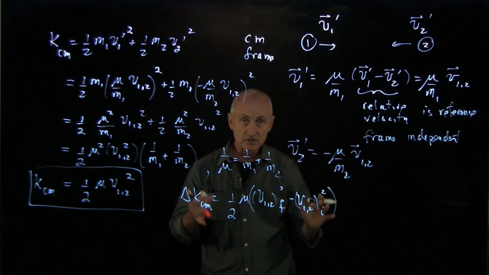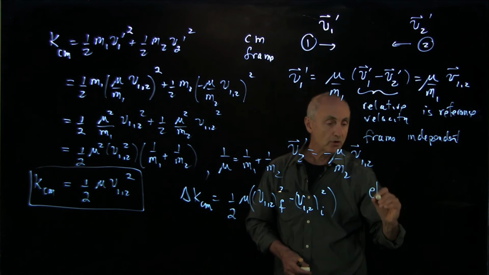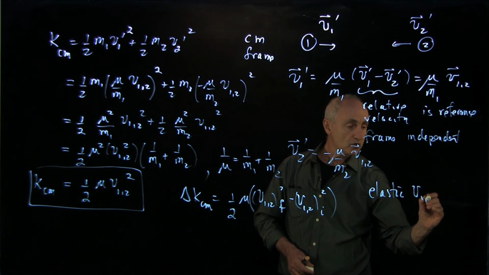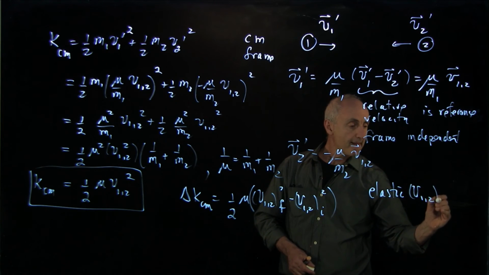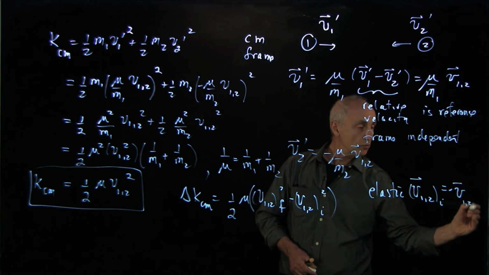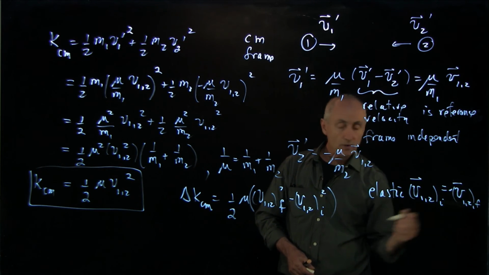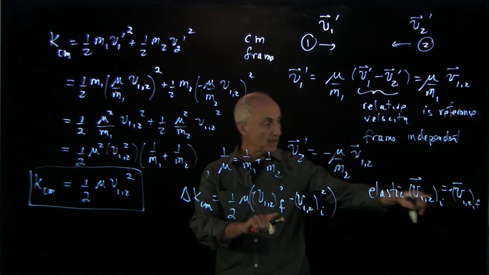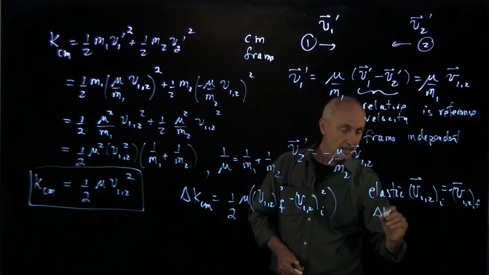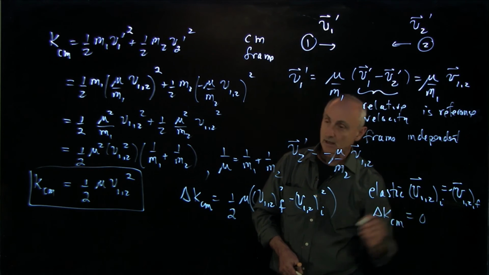And if the collision is elastic, remember our elastic collision showed that v12 initial was minus v12 final. So an elastic collision satisfies that condition, and you can see directly that delta Kcm is 0 in that case.